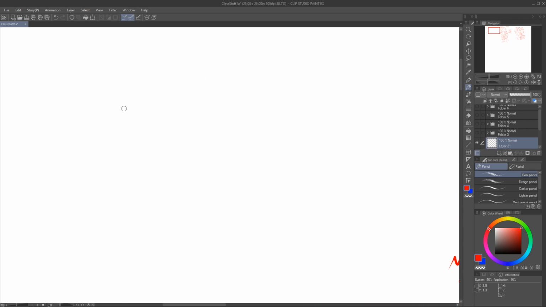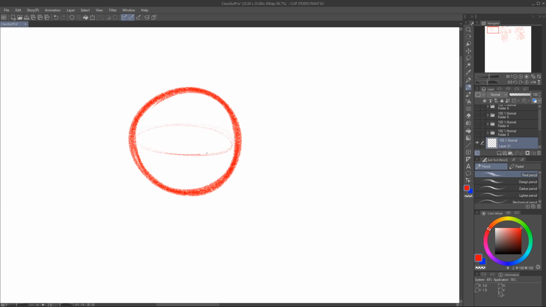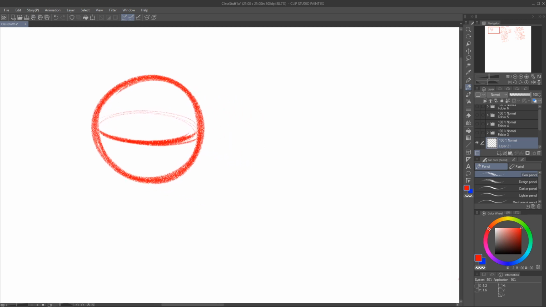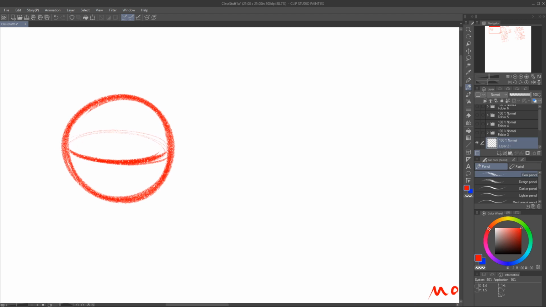So here are some of your basic 3D shapes. Here's a sphere, but this isn't really a sphere yet. It's more like a circle. But you add this to it, maybe an indication of which side is facing us, and now it's a sphere. Then there's this kind of oblong egg shape that I'm going to make here, which is basically a stretched out sphere.